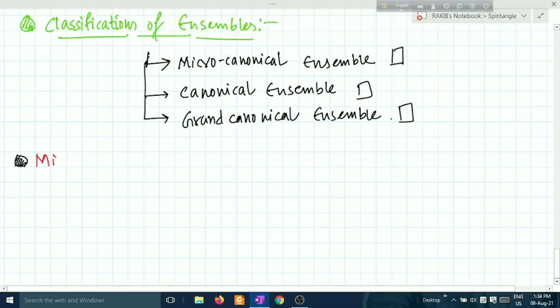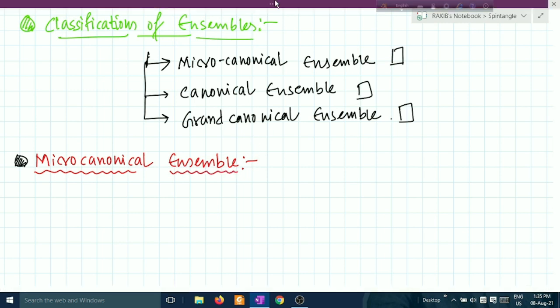First, let's write microcanonical ensemble. This is the first ensemble we will be discussing.